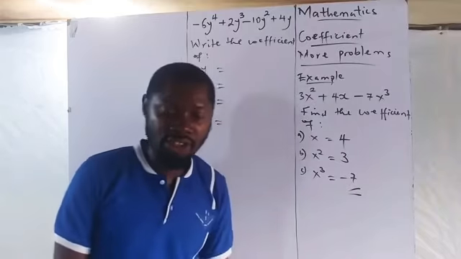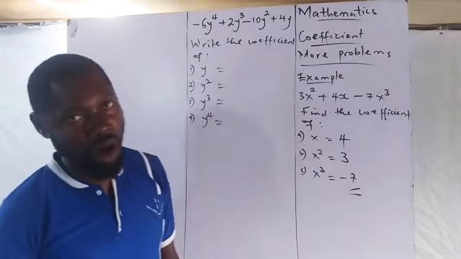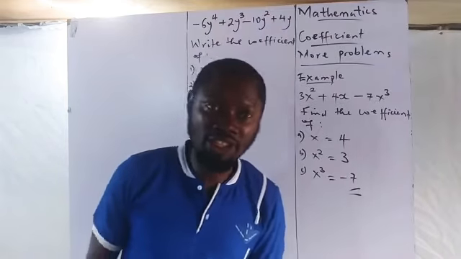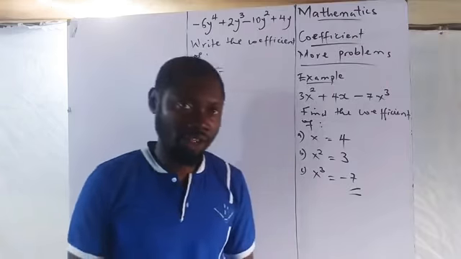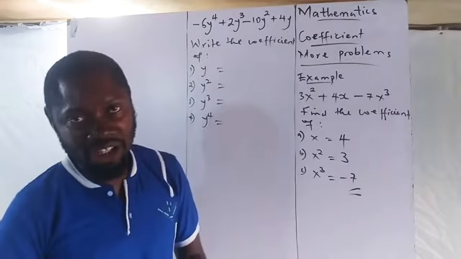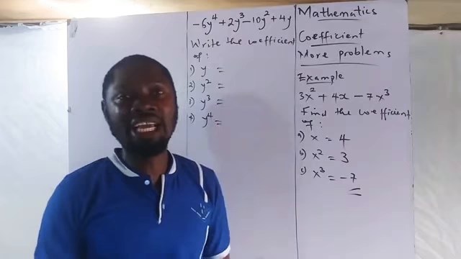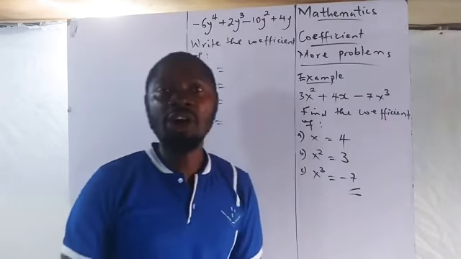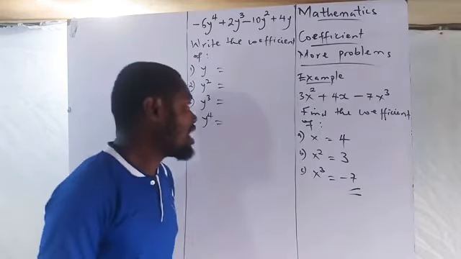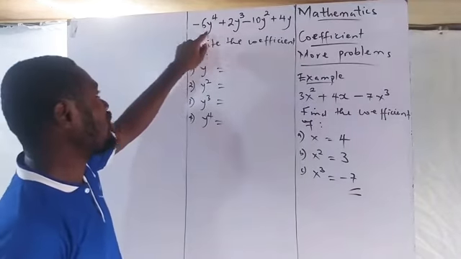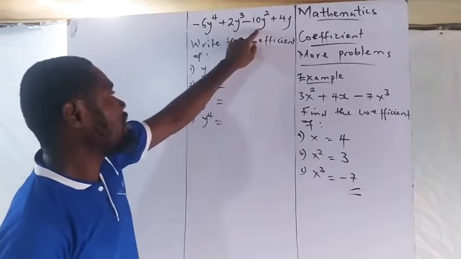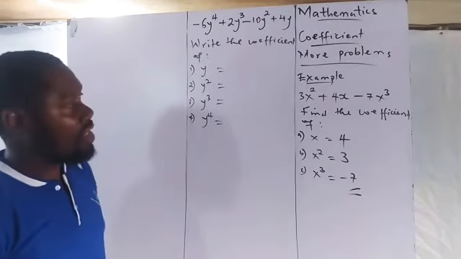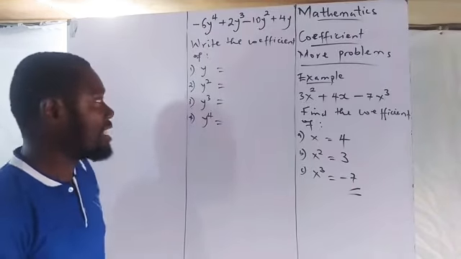An expression has more numbers added together or joined together by addition or subtraction. An algebraic expression has more algebraic numbers joined together by addition or subtraction. So that is why we have so many algebraic terms. In your next class, I will show you how to understand that better.